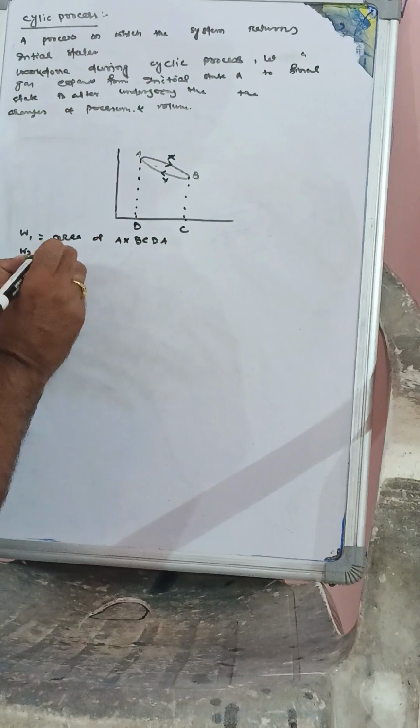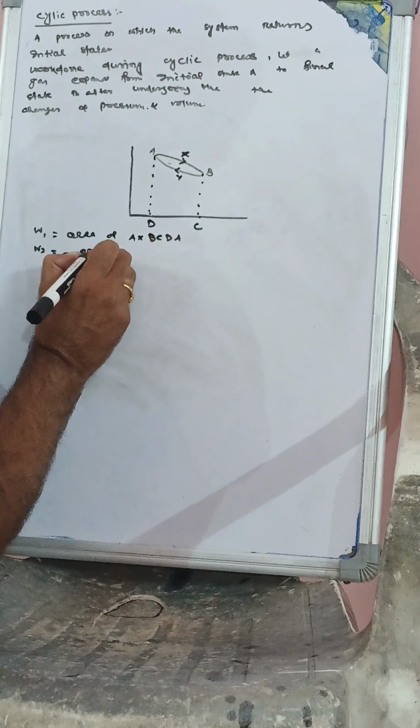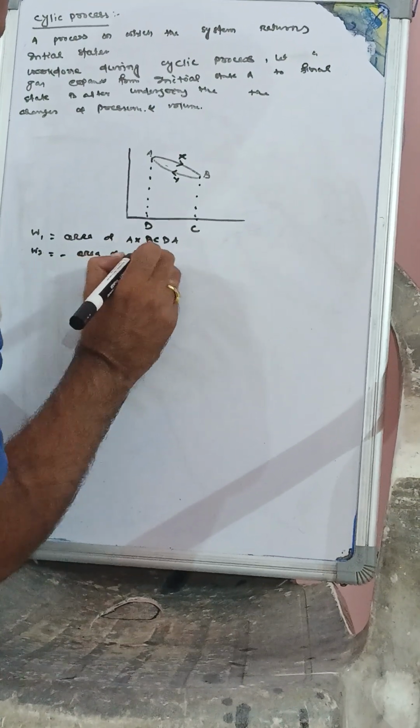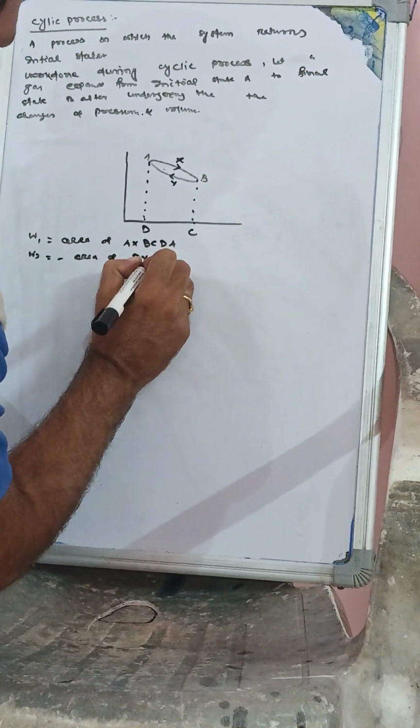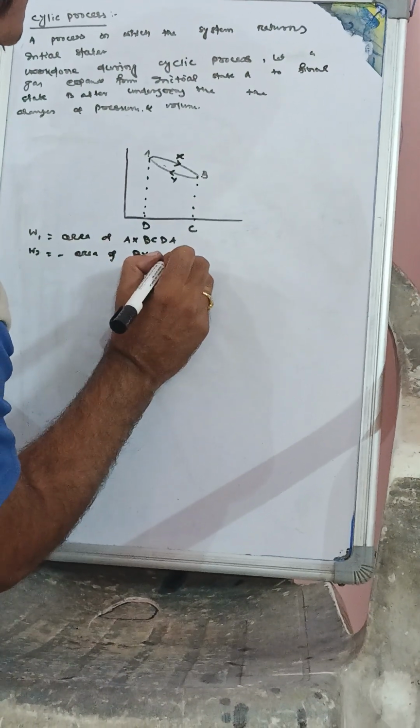And W2 is equal to minus the area of B, Y, A, D, C, B.